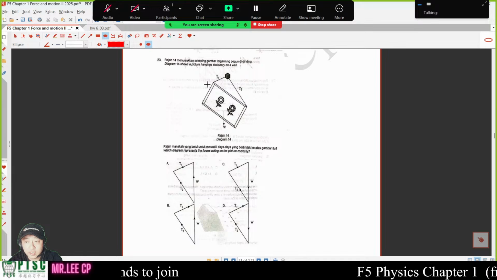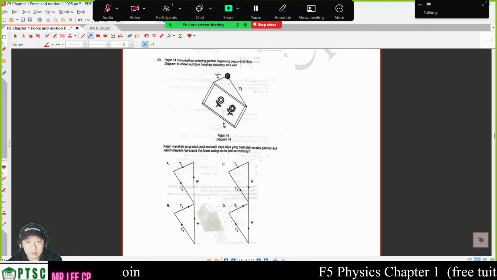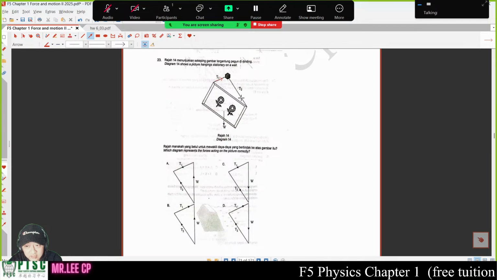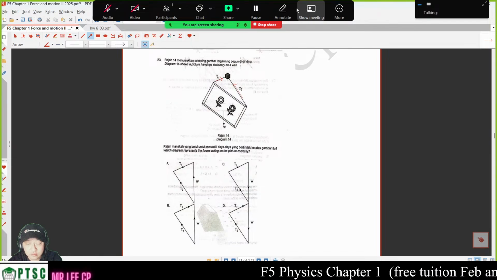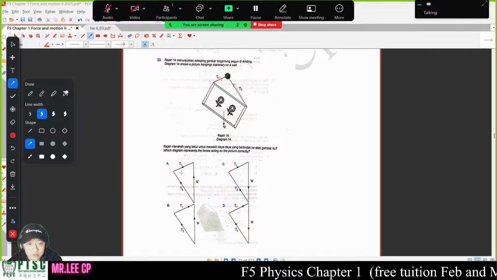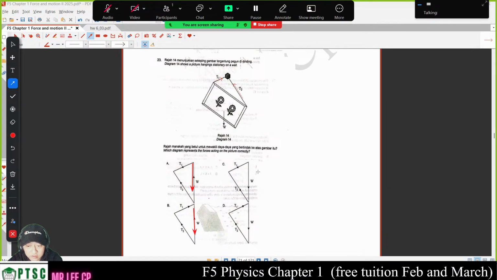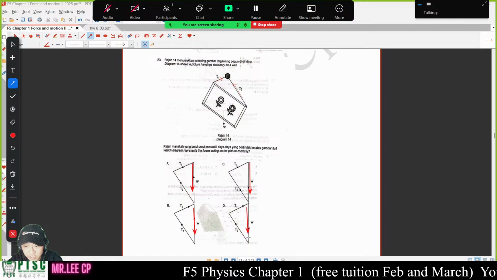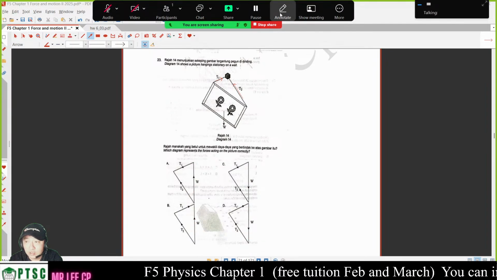Okay, so this one is T1 and T2. T1 is in this direction, T2 is in this direction. This is W. We see W going down. So this one is wrong, this one is wrong. W going down, yes. These both are correct.